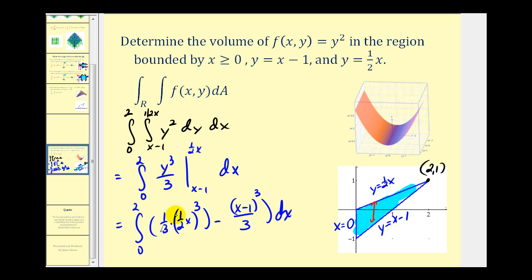This will be 1/3 times 1/8 x to the third. So this will be 1/24 x cubed. We'll leave this as minus 1/3 times the quantity x minus 1 to the third. We'll integrate all of this with respect to x on the next slide.